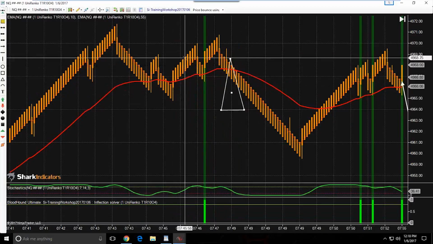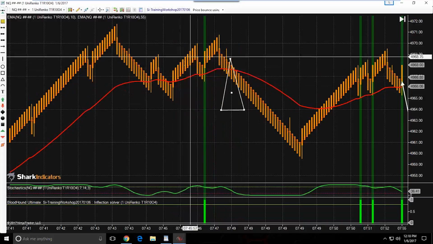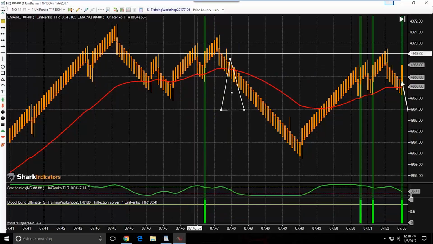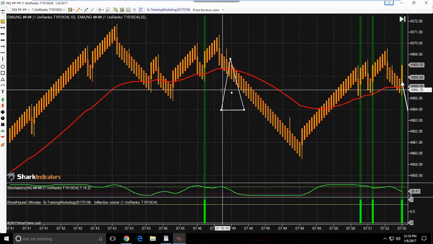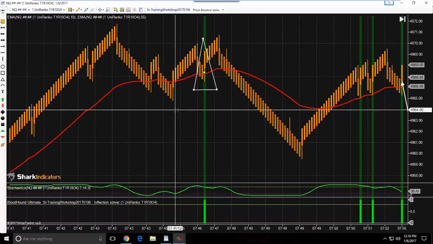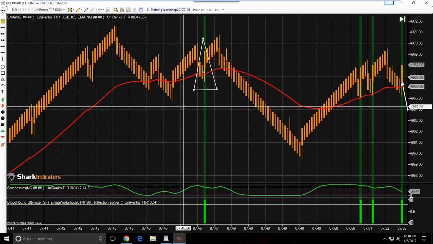But if you remember, the arbitrary rules that I just picked is we only needed 8 bars to be above our EMA, and so it definitely looks like we got more than 8 bars above our EMA. So, right, that's why that qualified as a trade signal. So it did meet our rules.